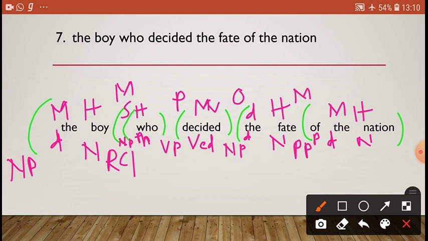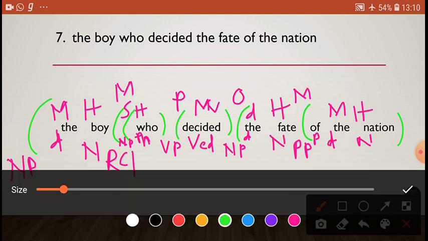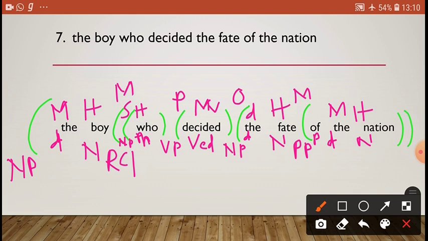Now we will have to carefully put the brackets. How many opening brackets are there? 1, 2, 3, 4, 5 opening brackets. How many closing brackets have we already given? 1, 2 and 3. So it means we will have to add 2 more. That relative clause, there we have started the relative clause.